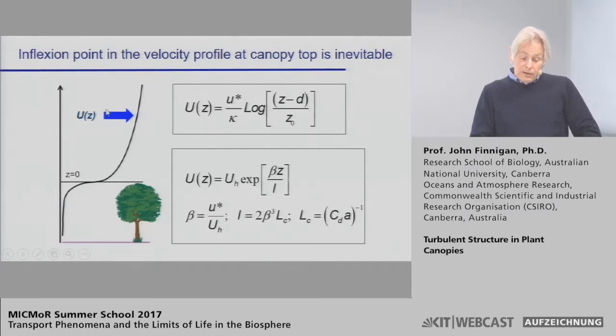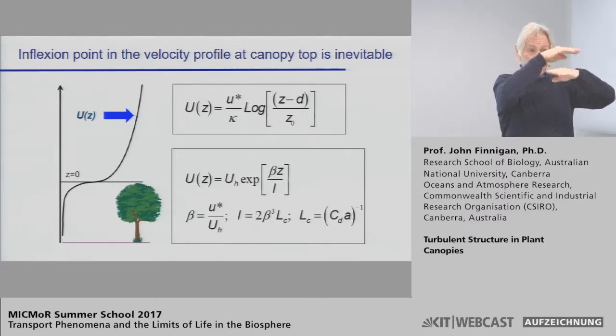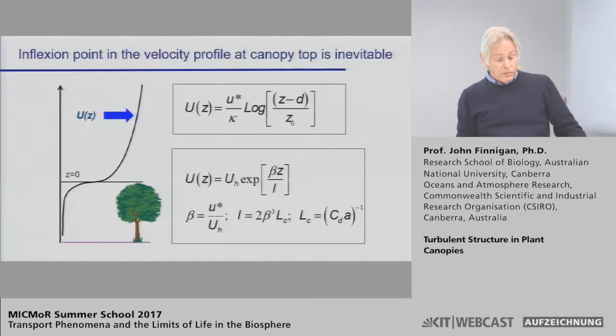Then it's inevitable that the gradient of velocity has to keep increasing down towards the surface, because the eddies doing the transport are getting smaller and smaller. If you like, they're connecting two layers of different speed, and if the connection is smaller, then the difference between the two layers has got to be higher in order to keep the flux of momentum constant.